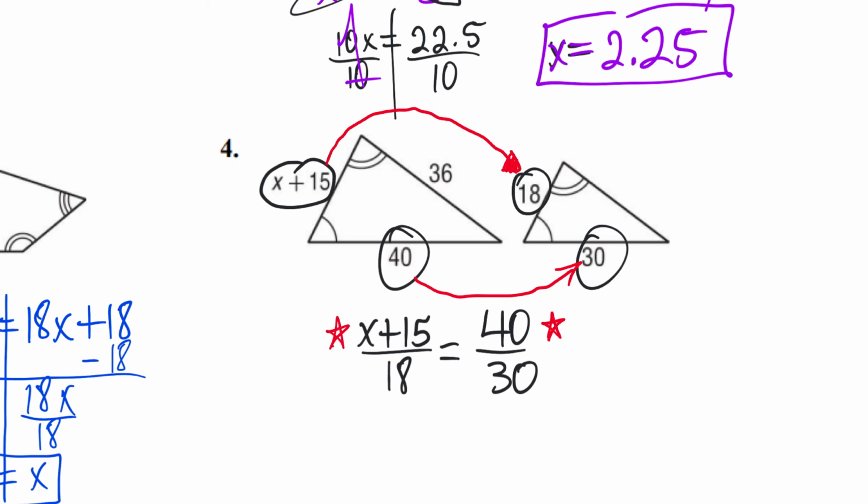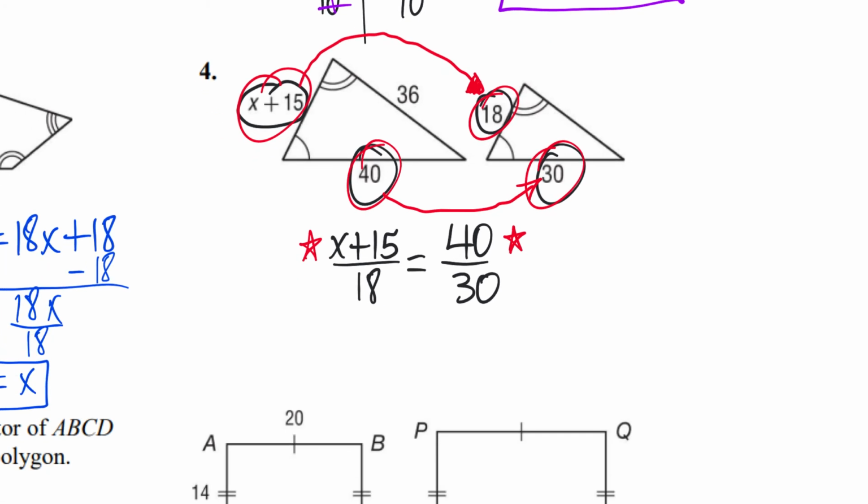So you've got to be consistent in the way you set it up. There's a lot of different ways to set it up, but you just have to be consistent. So if you put this over this, then you have to put this over this. Okay, so let's work this out.